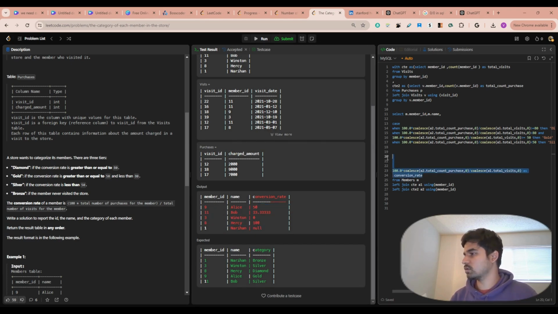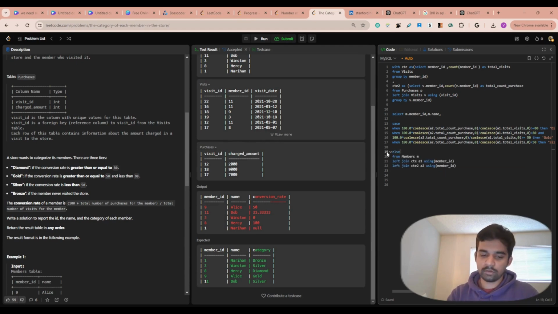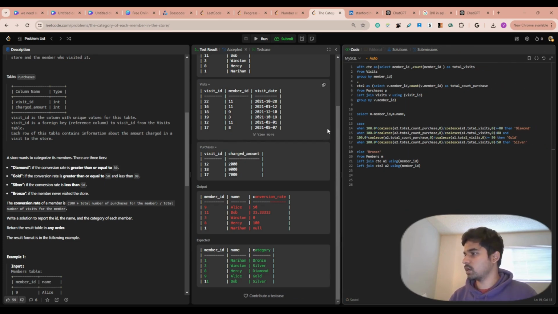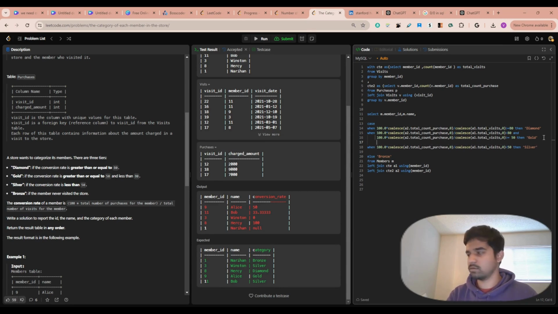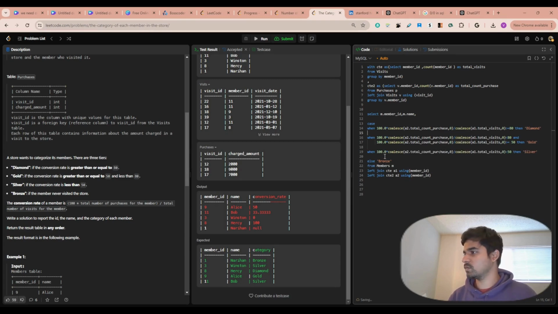Conversion rate. BRONZE, bronze. I need some proper formatting. Now it is looking a bit cleaner: case when else and as category.